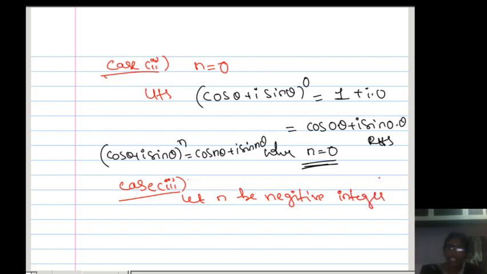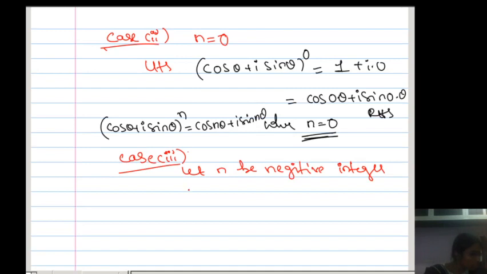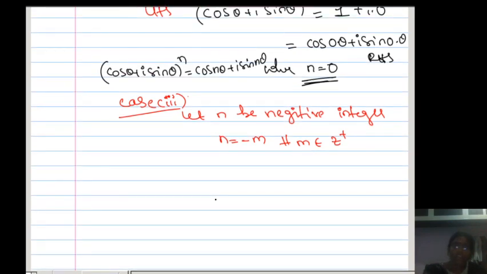How do we give the proof? Let n equal minus m, for all m belongs to Z plus. If m is a positive integer, then minus m will be negative. So n being a negative integer means n should be in the form of minus m, where m is a positive integer. Understood?